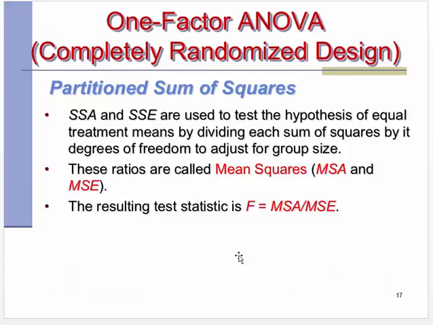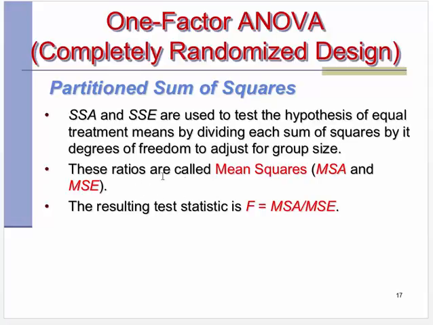And then what do we do with that? For the F-test, we need the mean squares. SSA and SSE are used to test the hypothesis of equal treatment means by dividing each sum of squares by its degrees of freedom to adjust for group size.